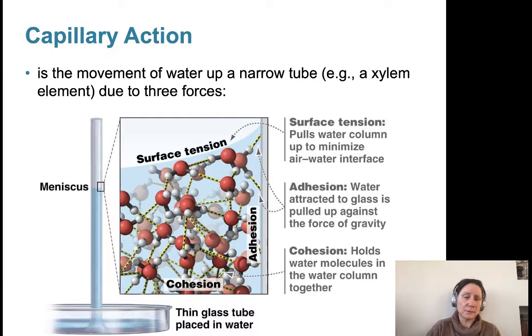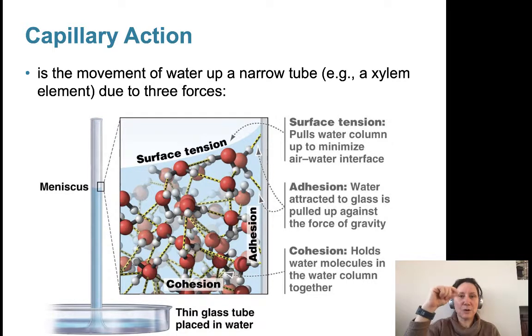In this case, they're showing you a glass capillary tube, but it's also true for xylem cells. And as a result of cohesion and those tight hydrogen bonds, at the surface where it encounters the air, it creates what's called surface tension. So it pulls the water column up to minimize that air-water interface.